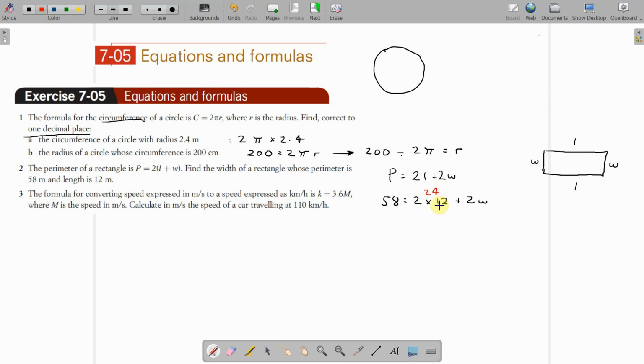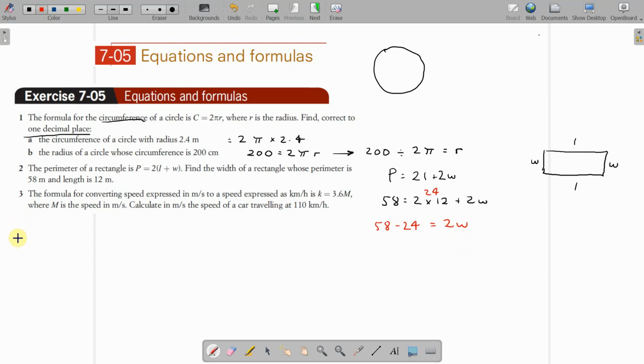So I'm just going to move that 24 over to here. 58 minus 24 will equal whatever the W is twice. So once you work that out, divide by 2, and that'll give you the width, what we're looking for.